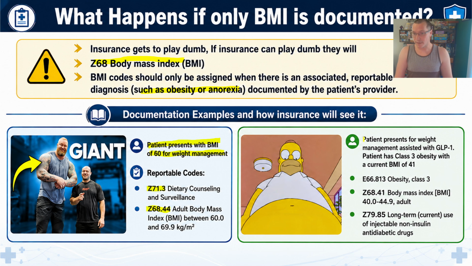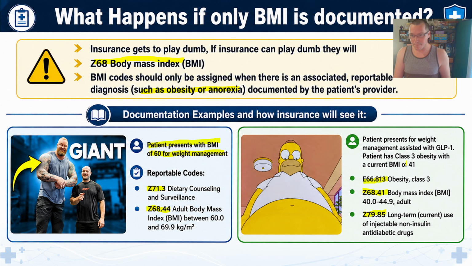On the other hand, if your documentation read, patient presents for weight management assisted with GLP-1s, patient has class 3 obesity with a current BMI of 41, then we can code as the first listed E66.813, the obesity, Z68.41, the BMI code, and then Z79.85 for GLP-1s.